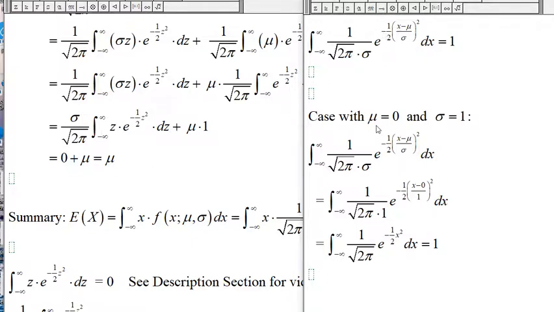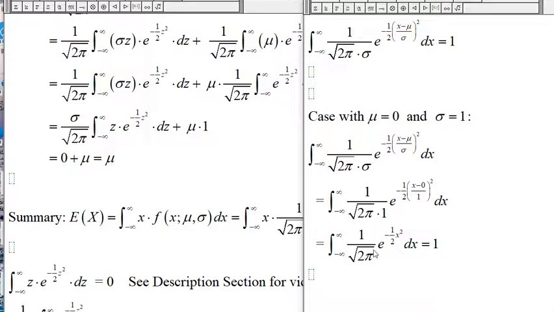For the special case where mu is 0, sigma is 1, we end up with 1 over the square root of 2 pi. x minus 0 over 1 would just be x squared. And this is also equal to 1.